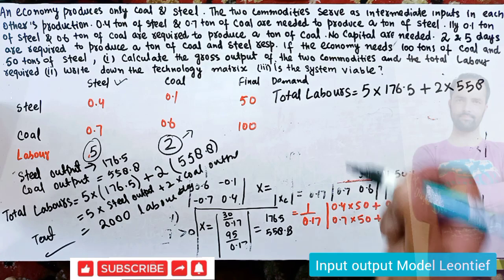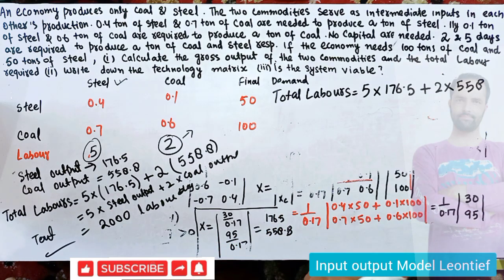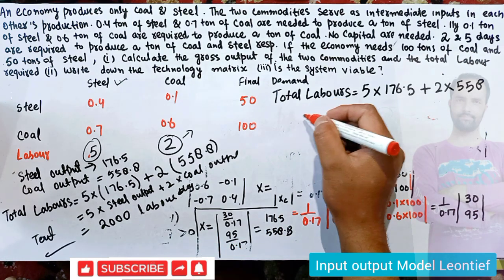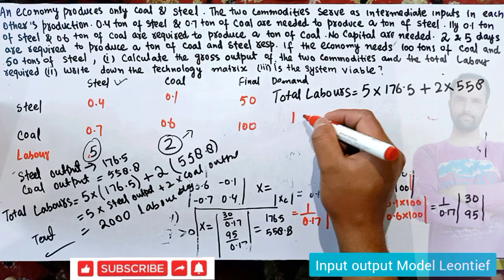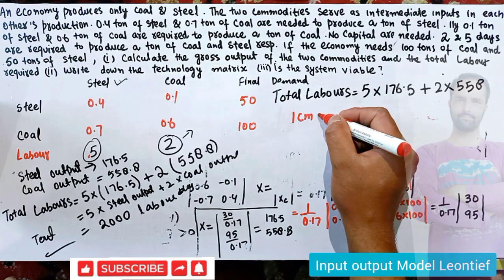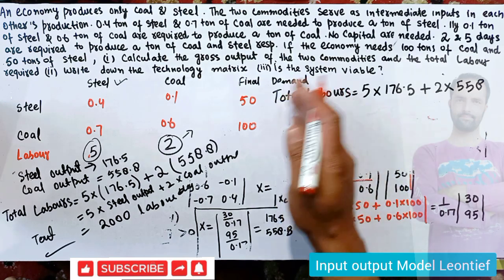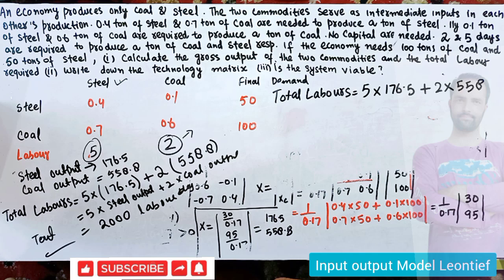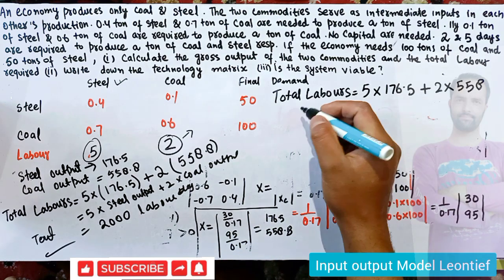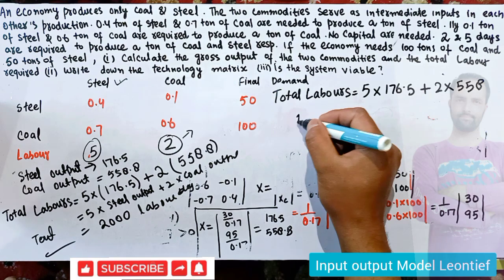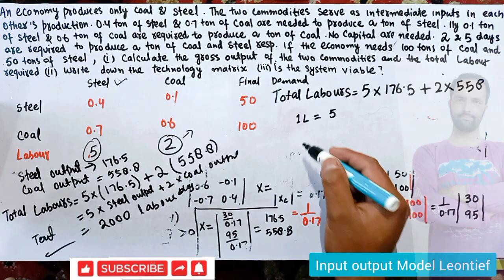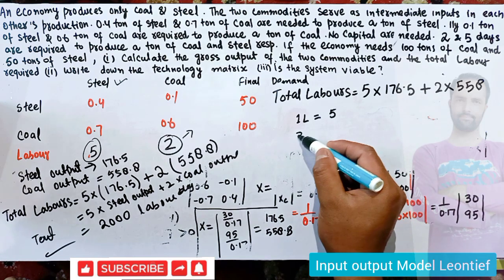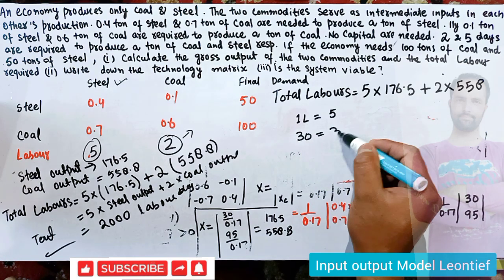Let me give you an example. If one labor costs us 5 rupees, then 30 laborers will cost us 30 into 5.